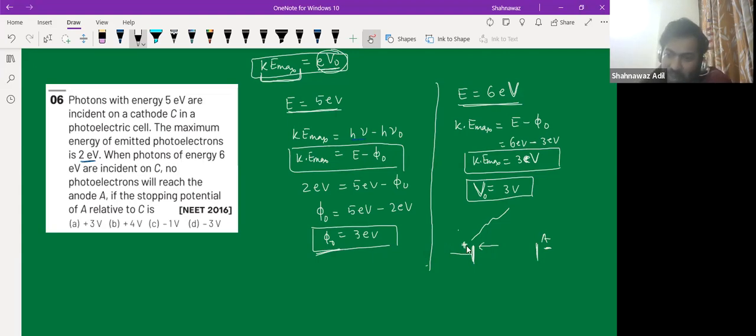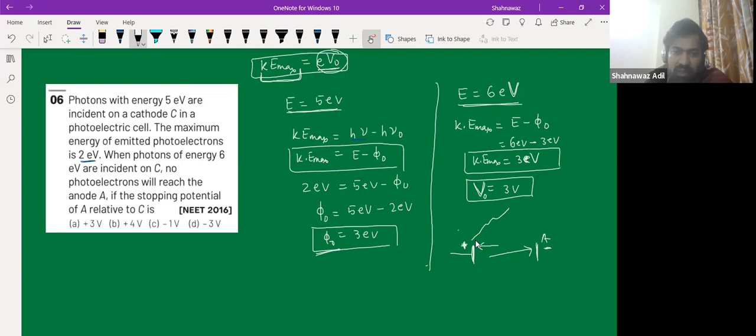And if this is positive potential, then it will be attracted and will not reach here. So the potential on this should be positive or negative. What should be the potential?